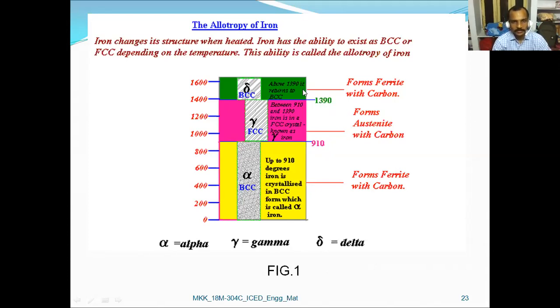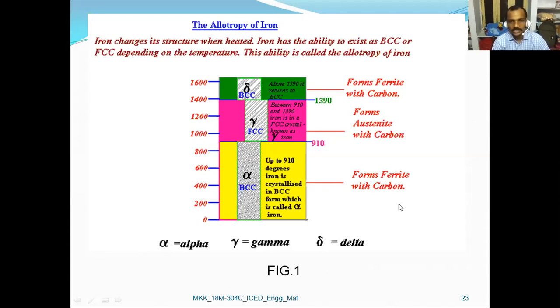Continuously heating from 1390 degrees centigrade to 1600 degrees centigrade, it again returns back to BCC, body-centered cubic. So whenever the temperatures are being changed, the structure changes from BCC to FCC and again from FCC to BCC, and this is known as allotropic form.